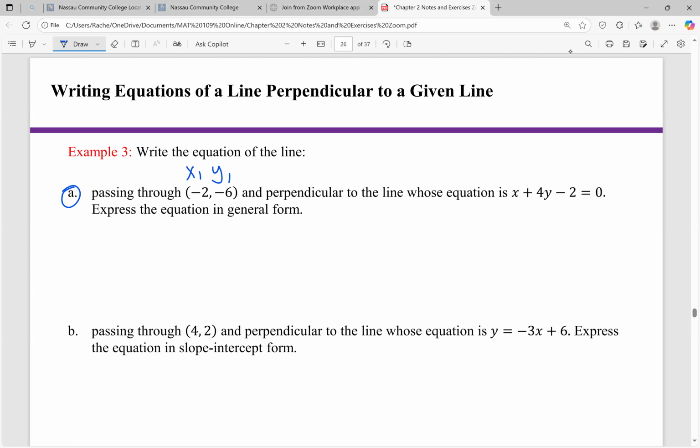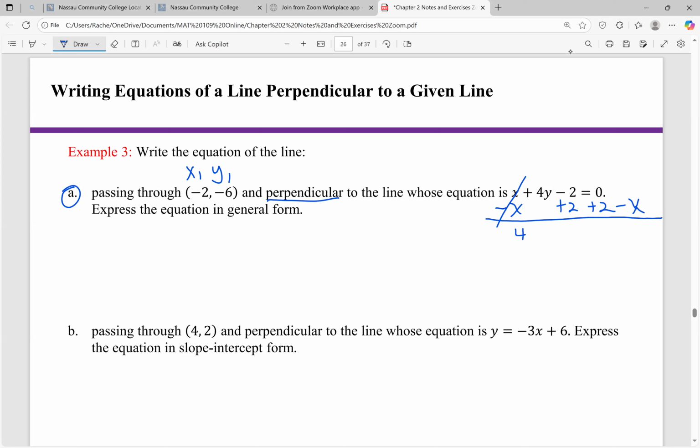And in order for the equation of the line that's going to go through the point -2, -6 to be perpendicular to this line, we need to know the slope of this line. So let's rearrange x plus 4y minus 2 equals 0 into y equals mx plus b form. This way we can see what the slope is. So I'm going to add 2 to both sides, and I'm also going to subtract x from both sides.